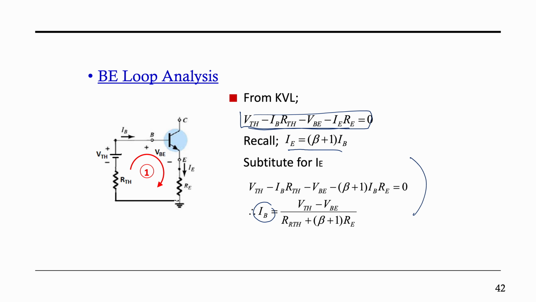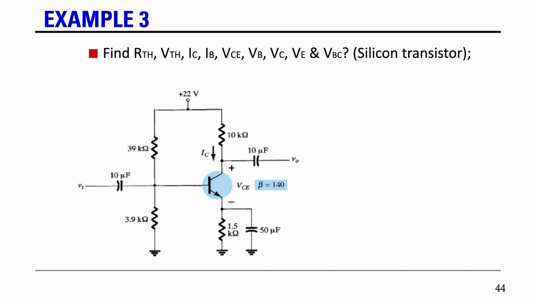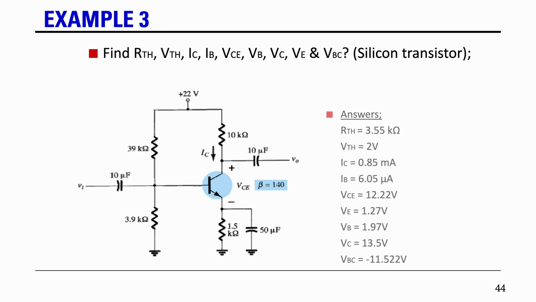Next, the CE loop, the output loop. So this is your KVL, and you will get the same as before. Then you're able to determine the VCE. So these are the answers.